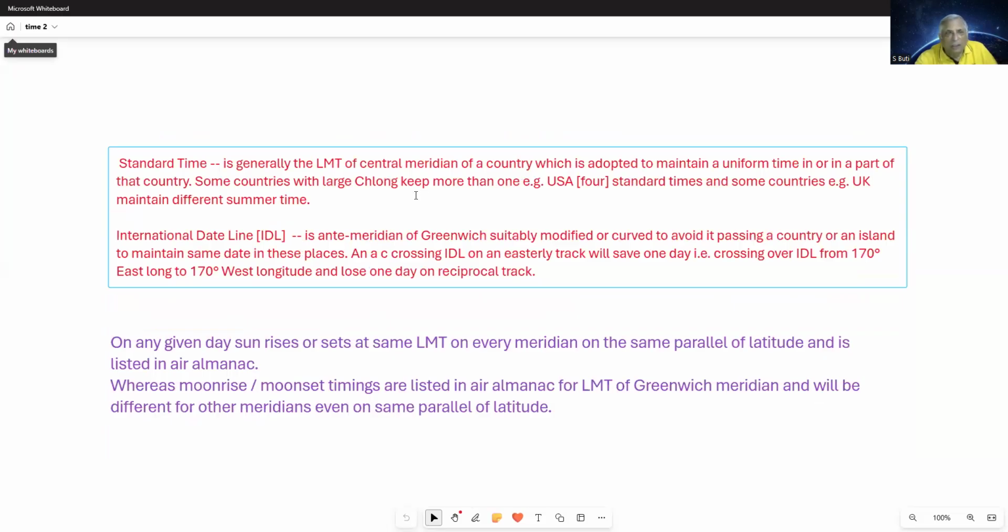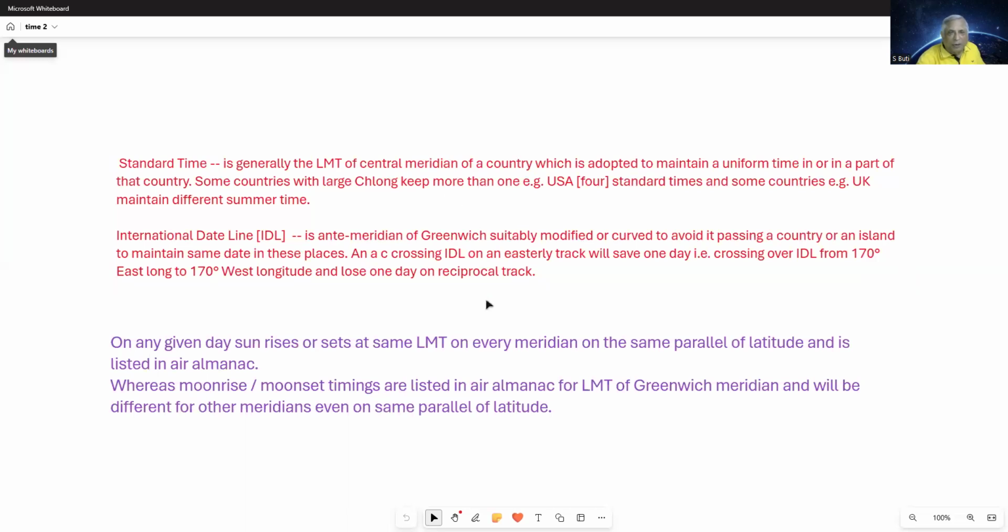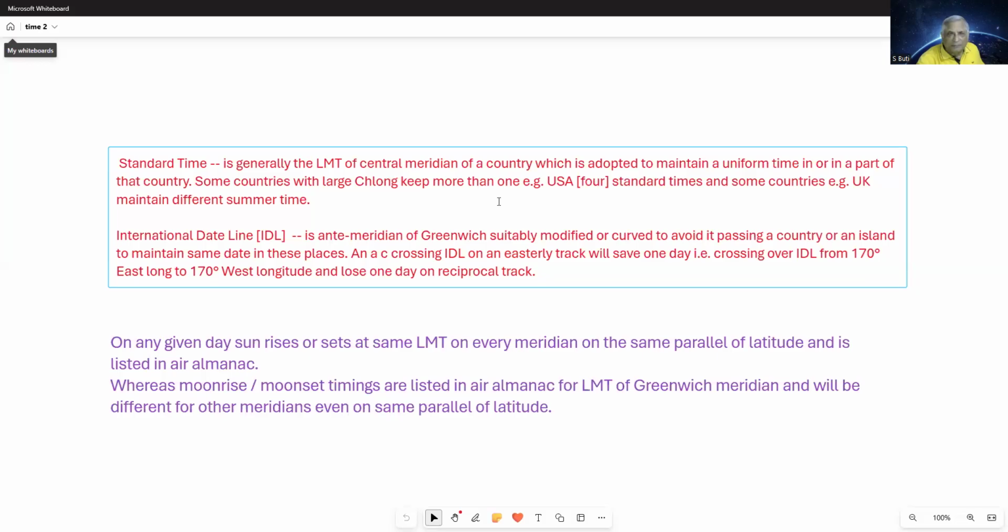The local mean time, like I told you, is the LMT of each meridian. And standard time is the time maintained for a particular country, which is generally the local mean time of the central meridian of that country.